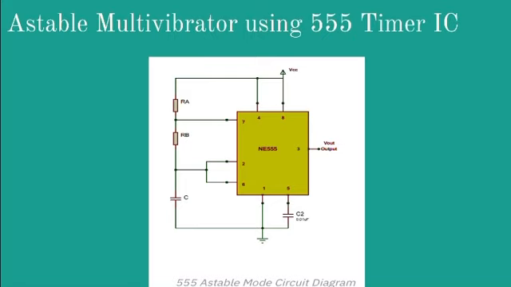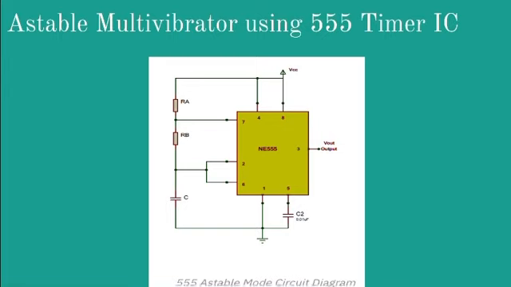The connections are as follows. Pin 1 is grounded. Pins 4 and 8 are shorted and then tied to the supply plus VCC. Output V0 is taken from pin 3.